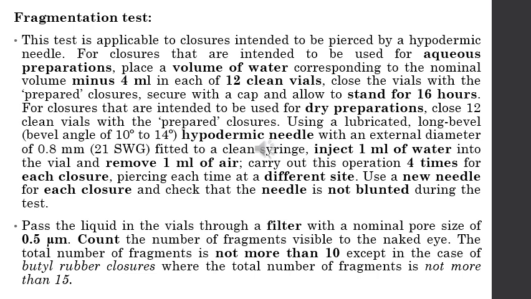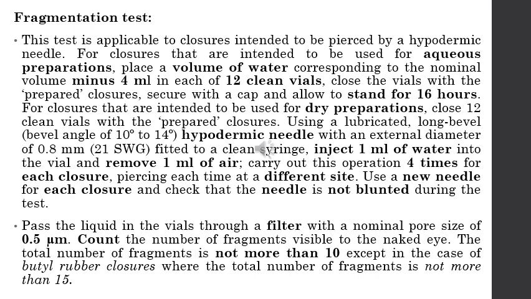In case of dry preparations, we have to simply close with the help of closure. Next step is with the help of hypodermic needle. The dimension is given, that is the external diameter is about 0.8 mm.